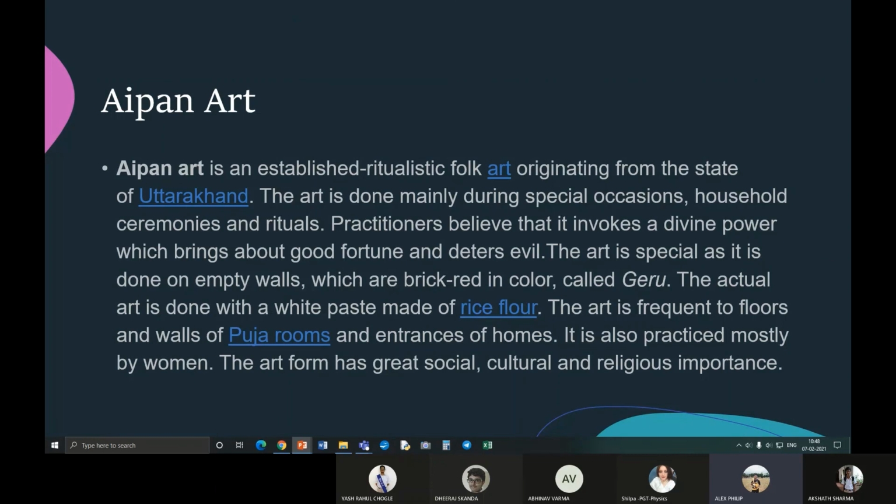The art is special as it is done on empty walls, which are brick red in color, called geru. The actual art is done with a white paste made of rice flour, and the art is done on floors and walls of puja rooms and entrances of homes. It is also practiced mostly by women. The art form has great social, cultural, and religious importance.